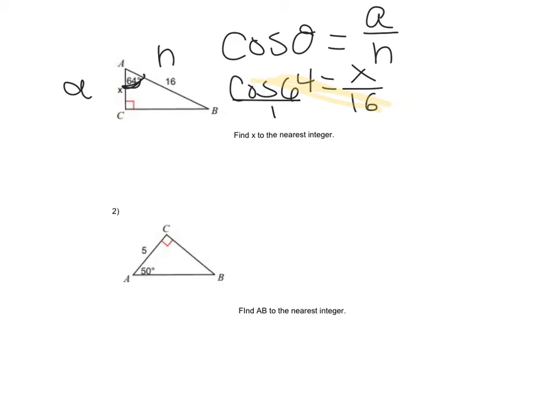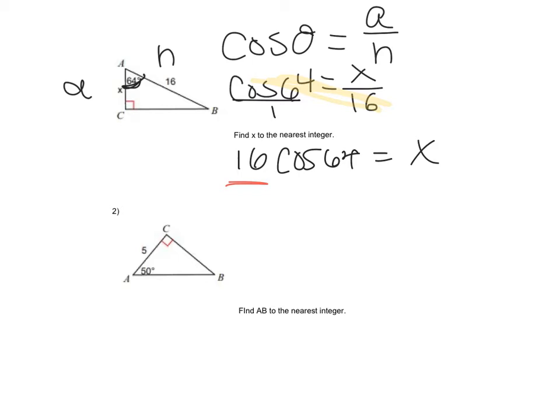So in my calculator, what I'm going to put is 16, and then I would say cos of 64 is equal to x. I always put the 16 in front because I want to multiply by the cos, and it doesn't matter. Multiplication is commutative, so I can switch the order, but when I divide, it matters, so I kind of get in the habit of always putting the constant in front of the value.